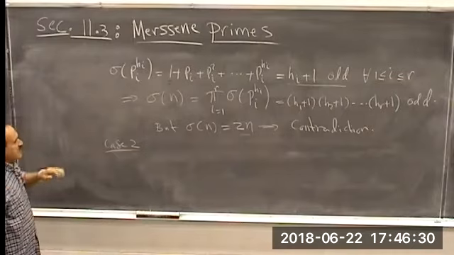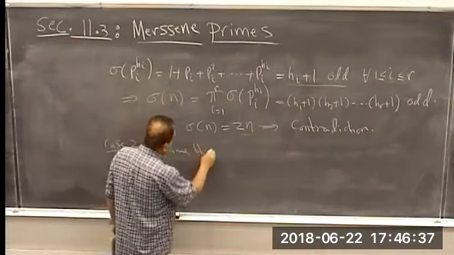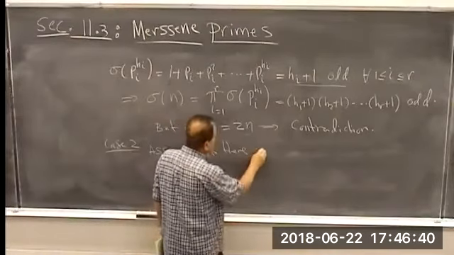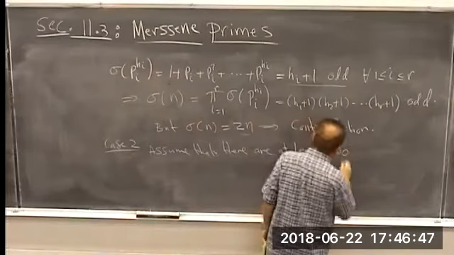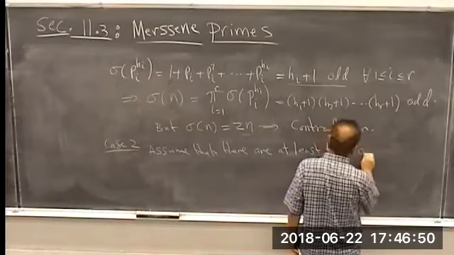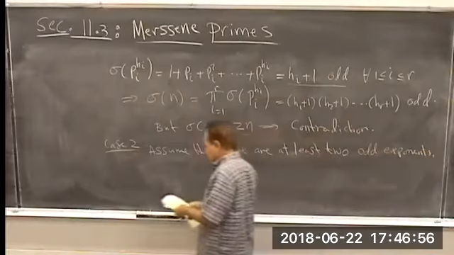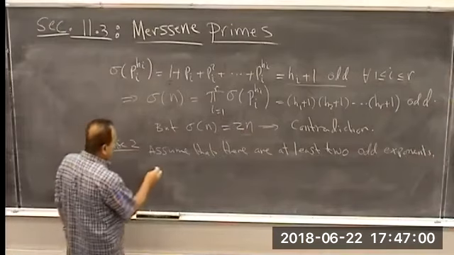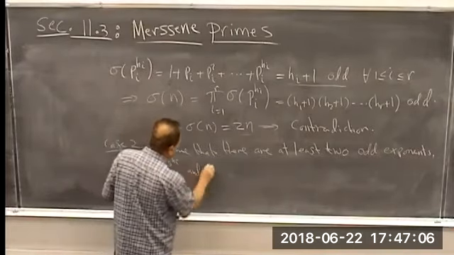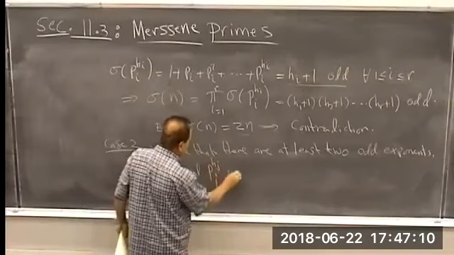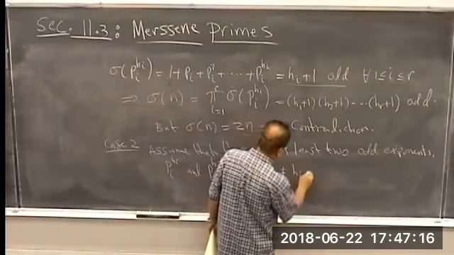Let's assume it has at least 2 odd exponents, say p_i to the h_i and p_j to the h_j, where h_i and h_j are odd.